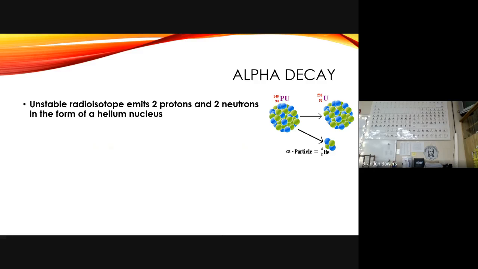Now, an example of an alpha particle. This is where we got to subtract a little bit. The example I gave was 240, 94, Pu. Now, when it undergoes an alpha decay, what's my alpha particle?